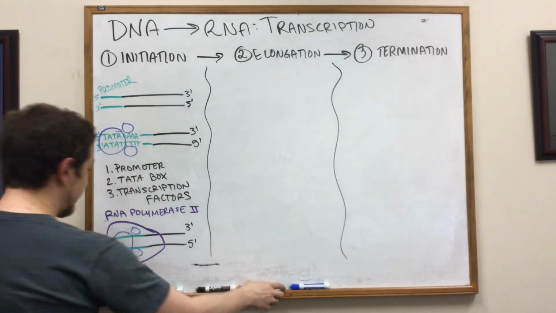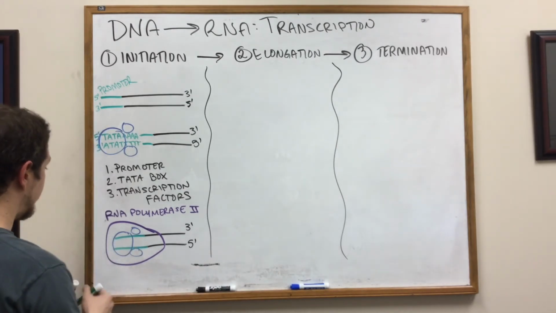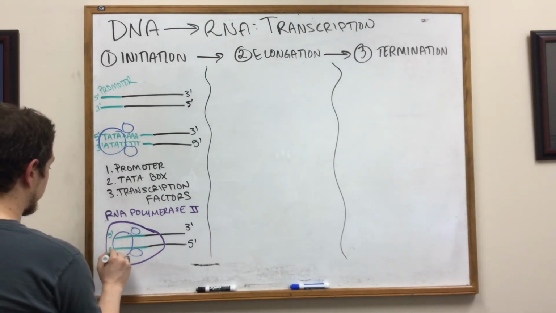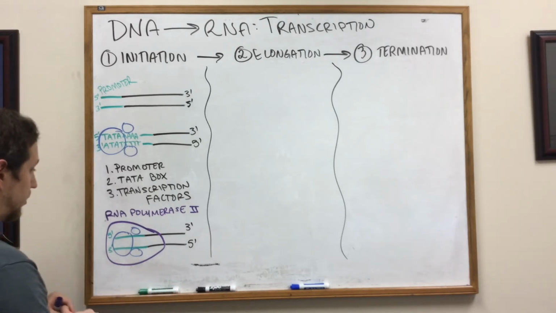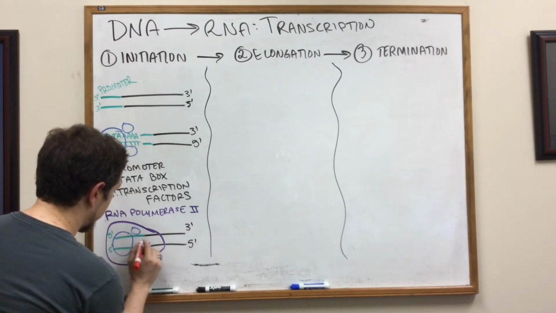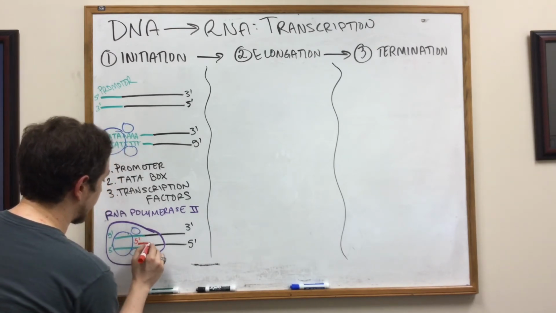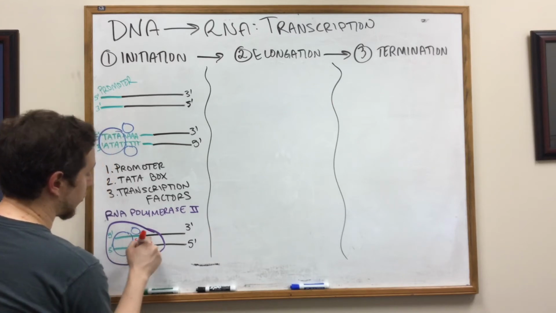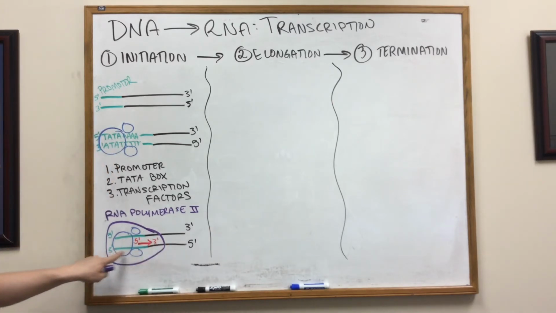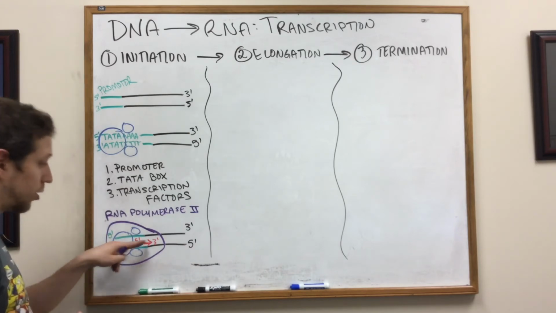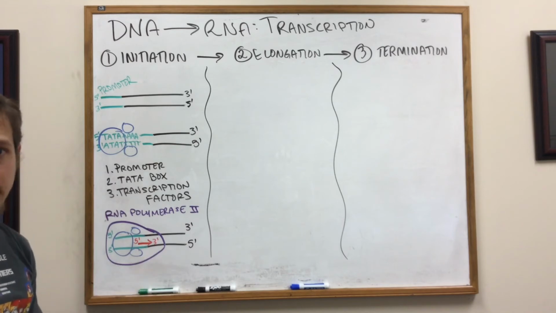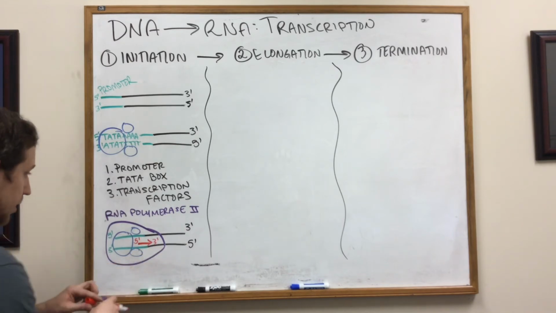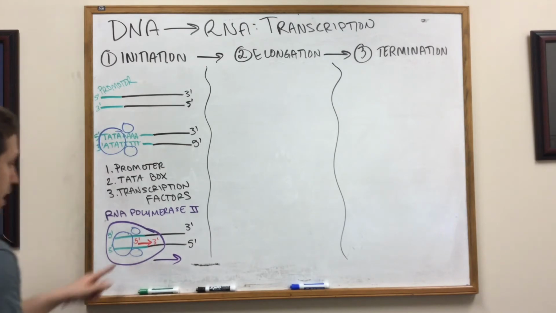And so once I have all of this, that RNA polymerase is going to start synthesizing RNA off of one of the two strands. Okay, and again, just like DNA polymerase, it's going to synthesize it from the 5' end to the 3' end. Now, the strand of DNA that is used to make this piece of RNA is commonly referred to as the template strand. Okay, so here my polymerase, it begins to move in this direction, and it's synthesizing that new piece of RNA, which I've drawn in red.